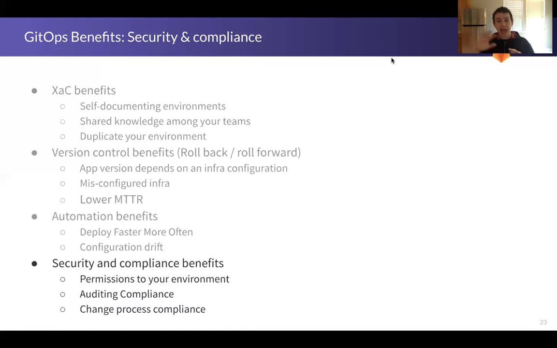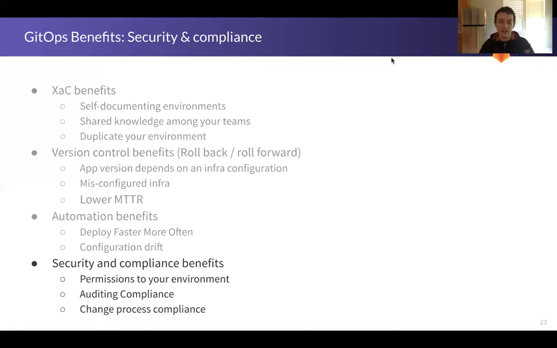But when every change to your environment is made via git commit and git merge request, now you have a very nice historical log of what changed, at what time, and who made that change. And this is very, very powerful. It makes auditing relatively simple compared to having to deal with the broader mess.